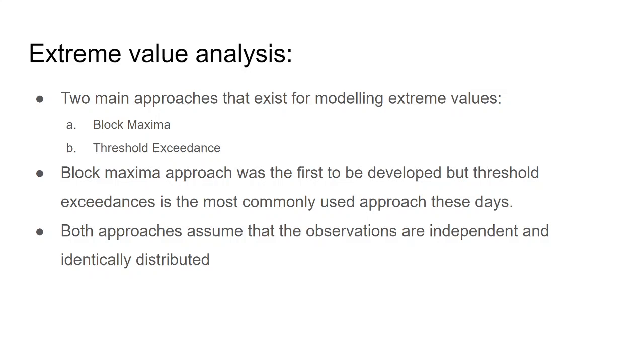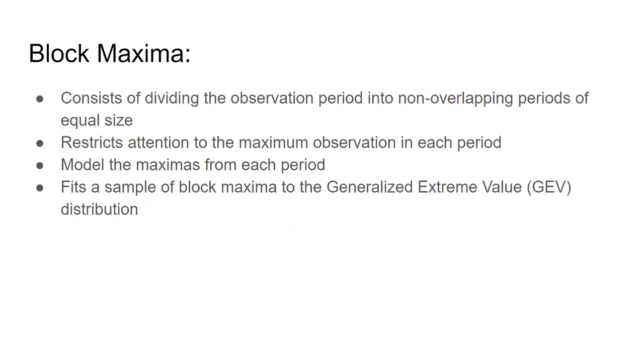But nowadays, threshold exceedance is the most commonly used approach among these two. And these two approaches have one thing in common. They both assume that the observations are independent and identically distributed. This is the assumption that they have in common.